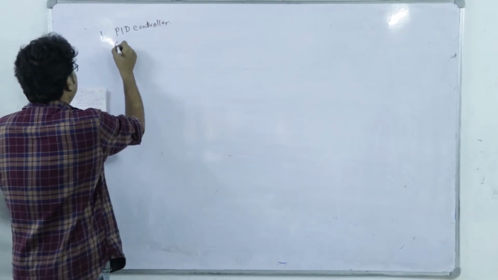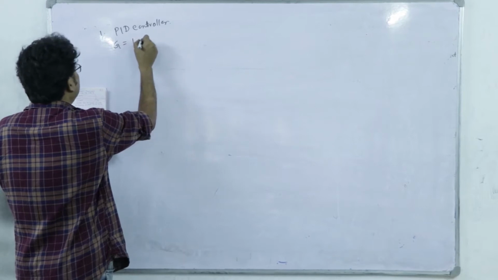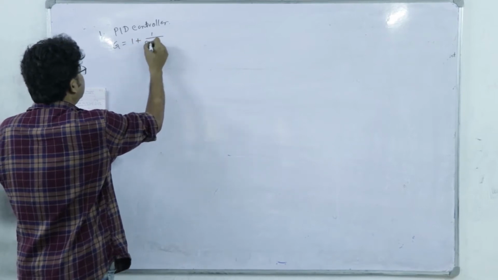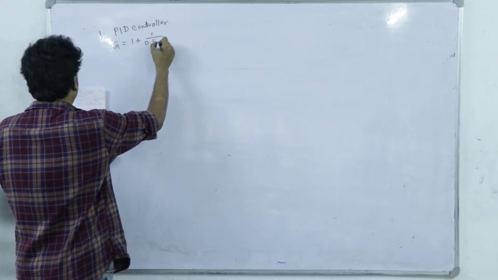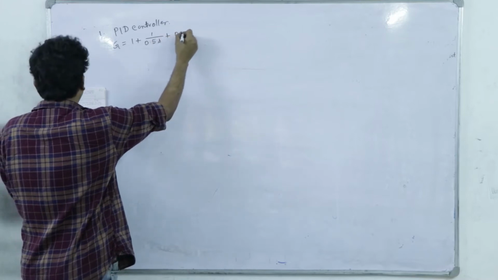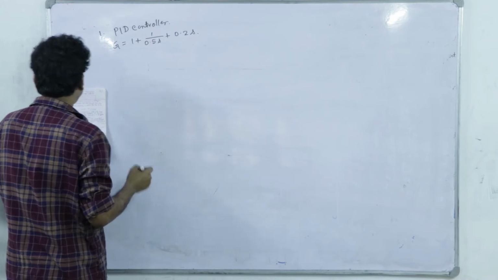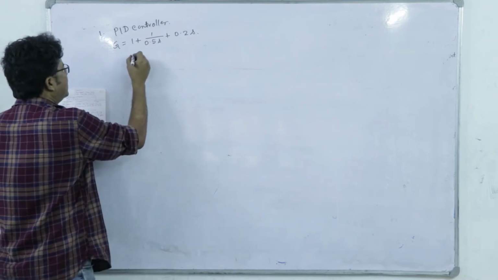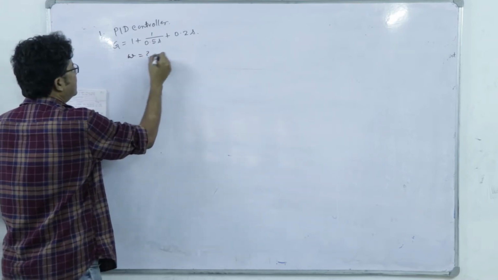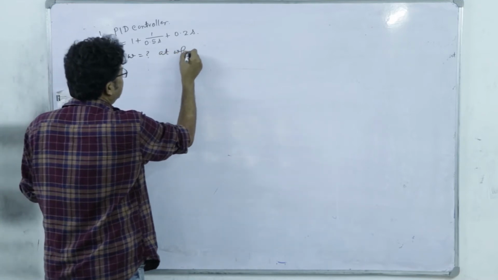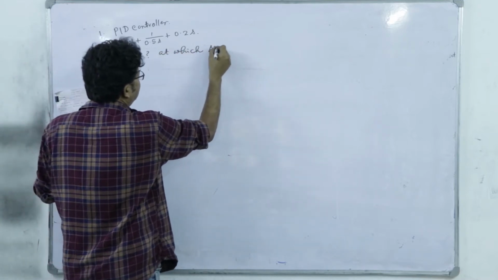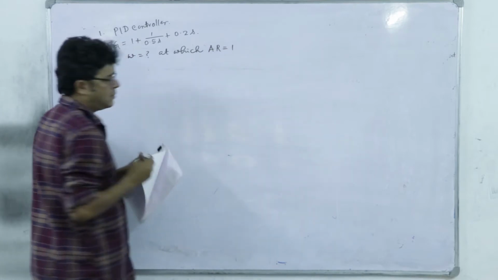The transfer function is 1 plus 1 divided by 0.5 s plus 0.2 s. We have to find out the frequency at which the amplitude ratio is equal to 1.